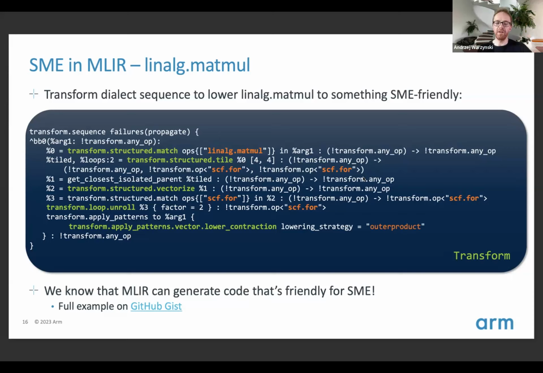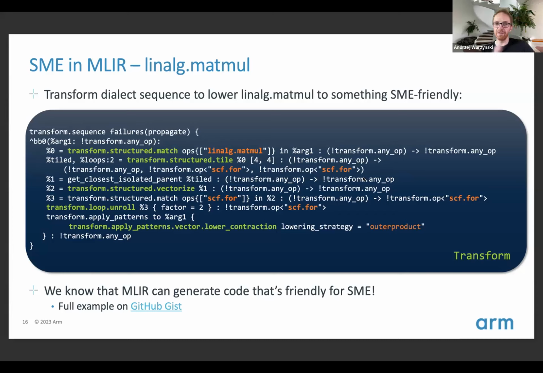And you can find a full example on GitHub with annotations and comments that explain exactly what I have in mind. But yeah, the key message is there's nothing SME specific here so far. All I'm saying is split the matmul into 4 different outer products for 4 different accumulators, and this can be done, which is amazing.